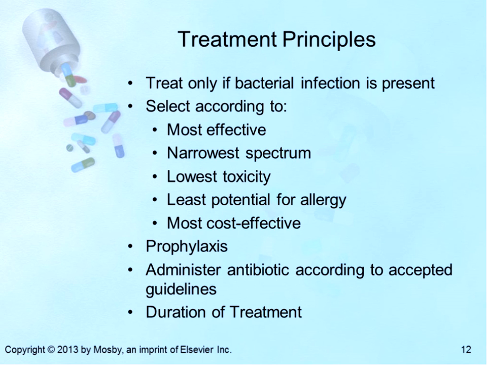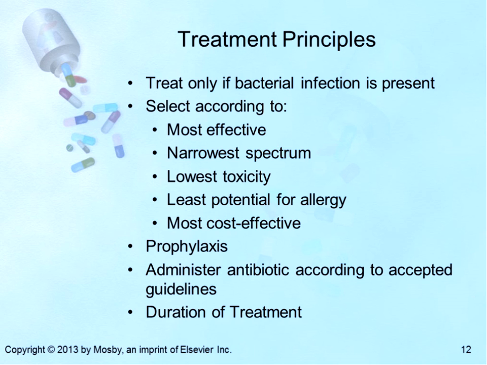So with all these resistance and mechanisms of action, how do we treat? How do we choose the appropriate antibiotic? Well, we must choose the most cost-effective antibiotic with the narrowest spectrum, lowest toxicity, and lowest potential for allergy to decrease the risk of resistance while being cost-effective.